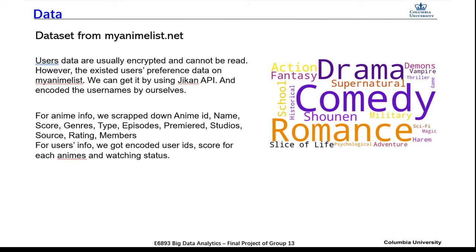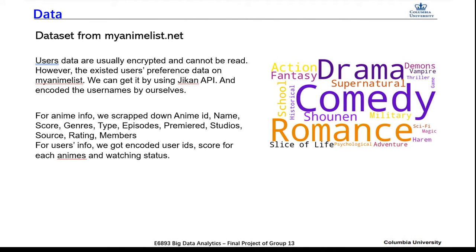The first step of our project is to get the data of the anime. As we know, many websites keep user privacy, so user data cannot be read easily. However, we found that the user's preference data can be found on myanimelist.net.